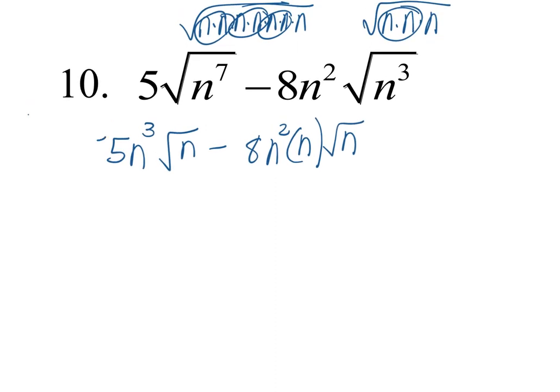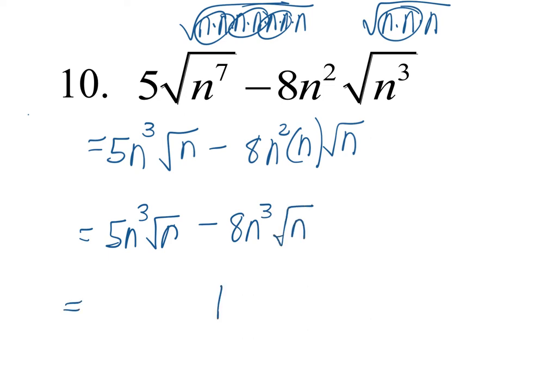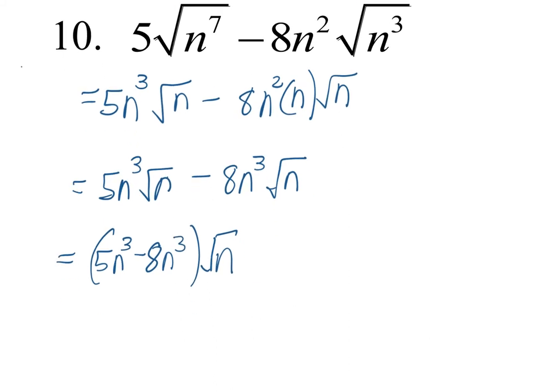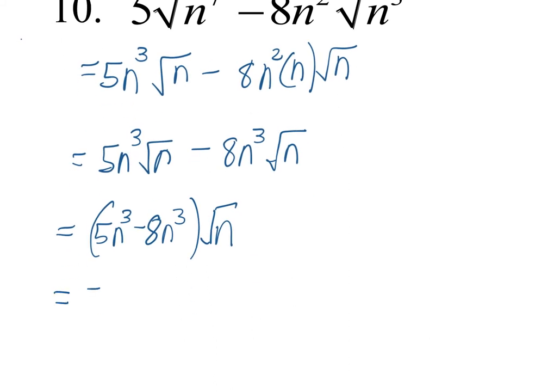Anyway, we have 5n cubed square roots of n minus 8n cubed square roots of n. So this is square roots of n, 5n cubed minus 8n cubed, which gives us negative 3n cubed square roots of n.